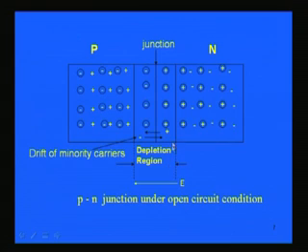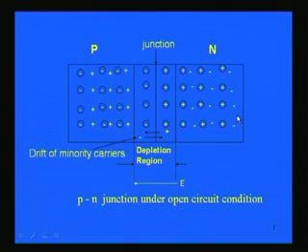That means, because of this field being produced, there will be drift of these minority carriers, and due to the drift, a current will be flowing. The direction of this current is opposite to the diffusion current: because of diffusion the current was from left to right, and because of drift the current is from right to left.